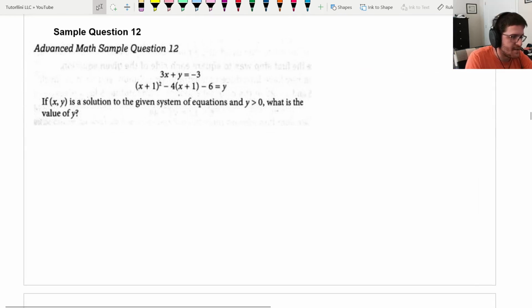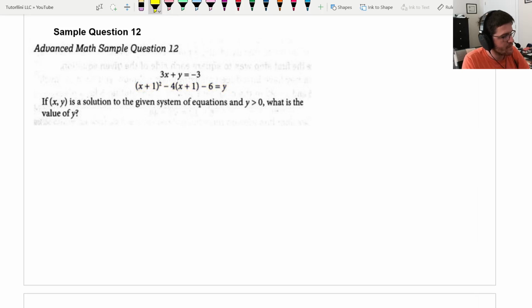Okay, this is a system. And I'm already noticing something kind of important. And that is this bottom one is like a hidden quadratic. I go over this a little bit in my factoring video, factoring in quadratic form.